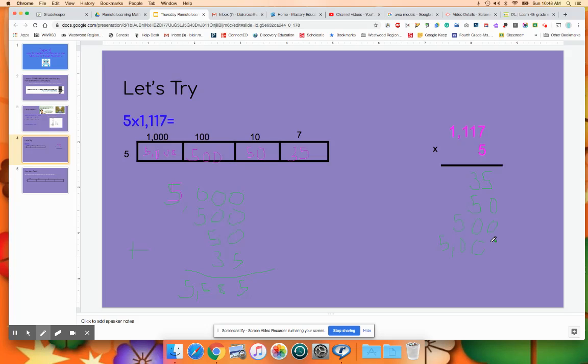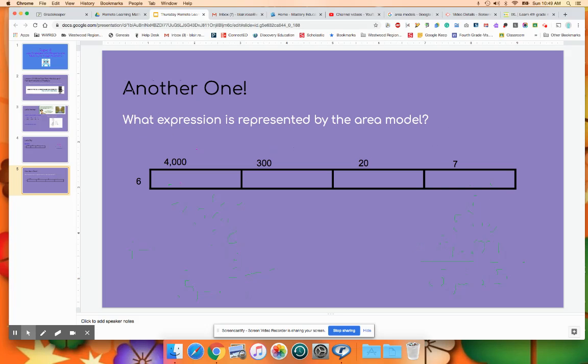Look at that. Go me. Okay, I'm going to add up my partial products. 5 plus nothing is 5. 3 plus 5 is 8. 5 plus nothing is 5. And 5 plus nothing is 5. So either strategy I used, I got 5,585.